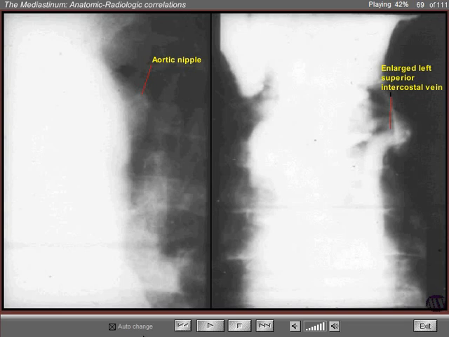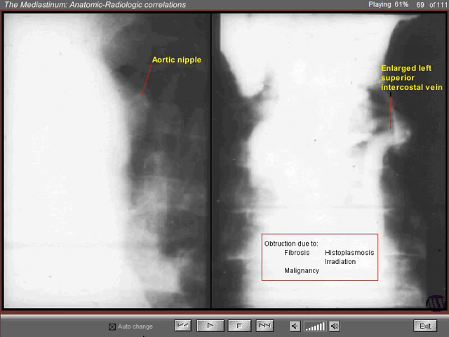That obstruction can be the result of fibrosis, such as seen in histoplasmosis, or following irradiation of the mediastinum. A malignancy in the mediastinum can also block the systemic veins and dilate the left superior intercostal veins, producing a prominent aortic nipple.